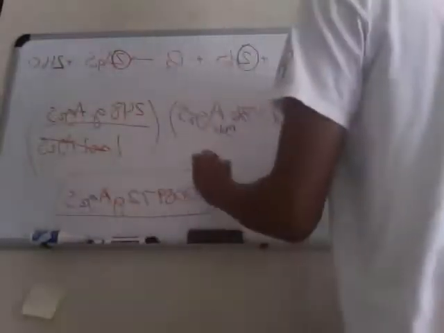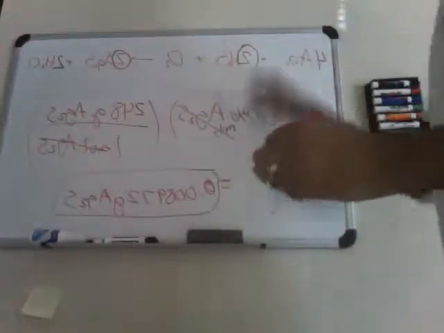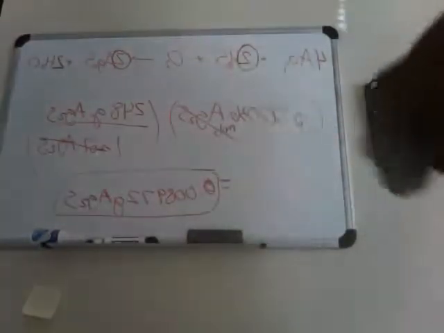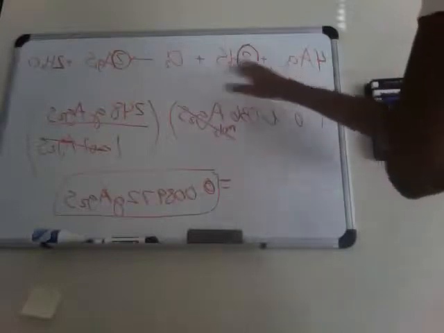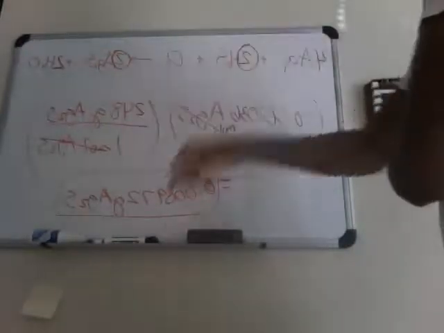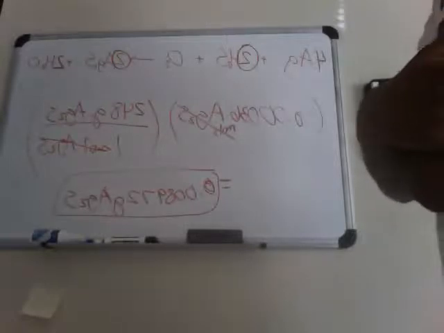So from the hydrogen sulfide, with this reaction mixture, you can get 0.008972 grams of silver sulfide.